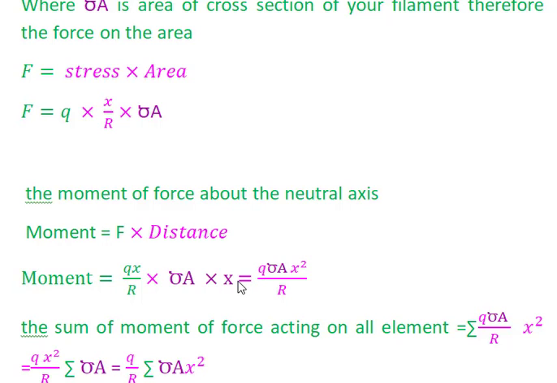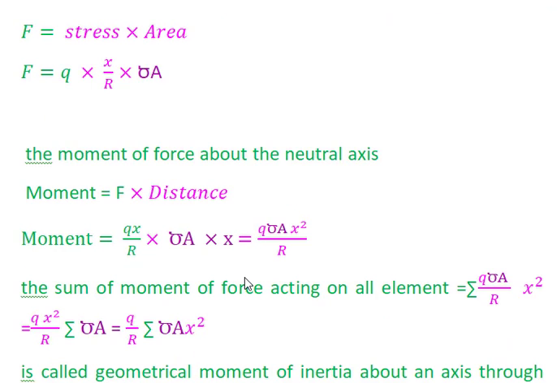On simplifying, we get Q del A x square by R. This moment is for a single element. Now the sum of the moments of force acting on all elements: the summation symbol is put here, so sigma Q del A x square by R.